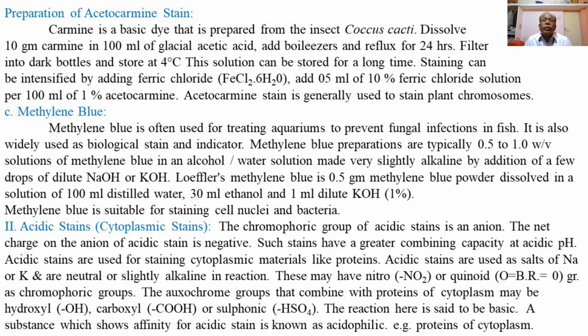Methylene blue preparations are typically 0.5 to 1 weight per volume solutions of methylene blue in alcohol or water, made very slightly alkaline by addition of a few drops of dilute NaOH or KOH.